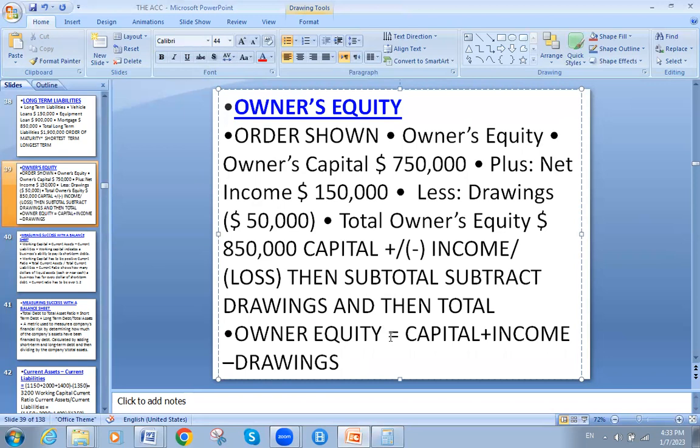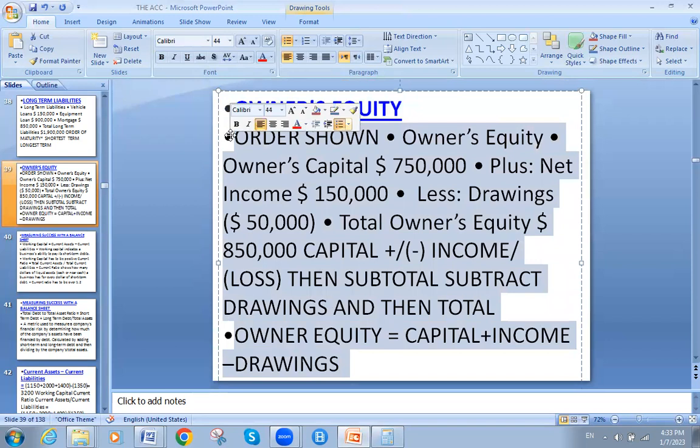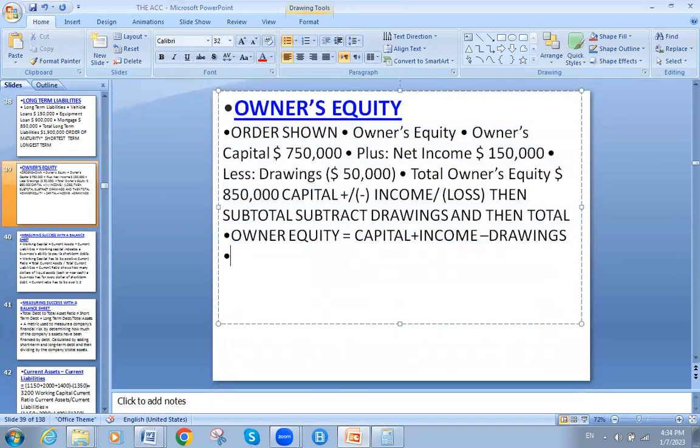Okay, so here as an example, that will equal capital, which was 750. Let me make it shorter for the moment. So if I say that the capital was 750,000, here is the capital.